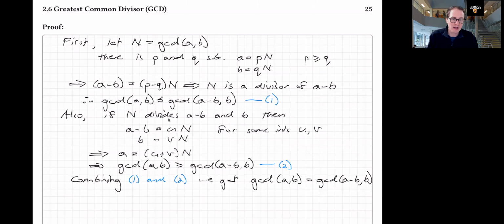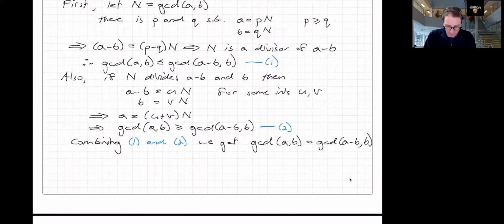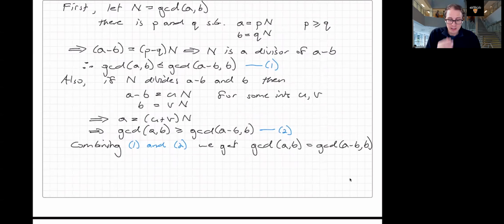And let's say it divides both A minus B and B, then that same number necessarily must divide both A and B. So if n is the greatest common divisor of A minus B and B, it also has to be a divisor of A and B. That means that the greatest common divisor of A and B has to be at least as big as the greatest common divisor of A minus B and B. And here we have greater than or equal to, here we have less than or equal to. When we combine them, we get identically equal to.